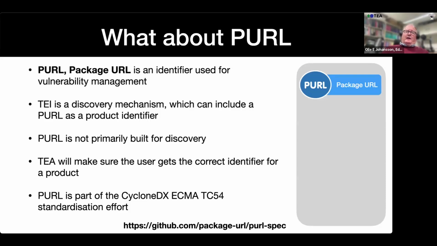It works very well in combination with the Transparency Exchange identifier, but the package URL is not primarily built for discovery, which is the primary purpose of the Transparency Exchange identifier. As Steve said, we're both working with integration into ECMA, so we're in close discussions with the package URL project as well.